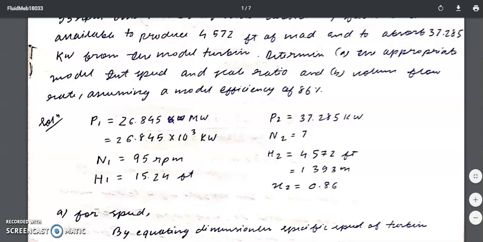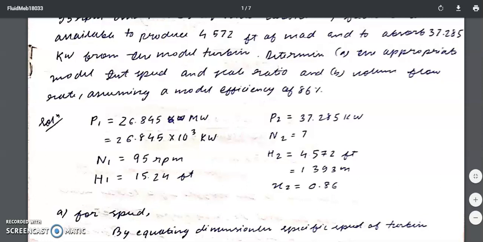So from the given data, we know the left side is of the prototype and the right side is of the model. P1 is the power of the prototype, given as 26.845 megawatt. We convert it to kilowatt, it becomes 26.845 into 10 to the power 3 kilowatt. N is the speed of the turbine, that is 95 RPM. H1 is the head, that is 15.24 feet.